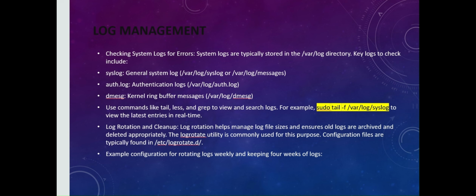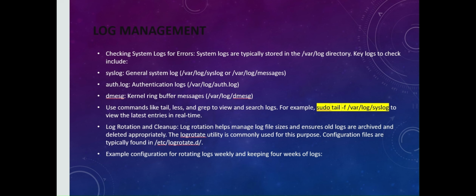Next is dmesg, the kernel ring buffer messages, stored in /var/log/dmesg. You can use commands like tail, less, and grep to view and search logs. For example, sudo tail -f /var/log/syslog to view the latest entries in real time.